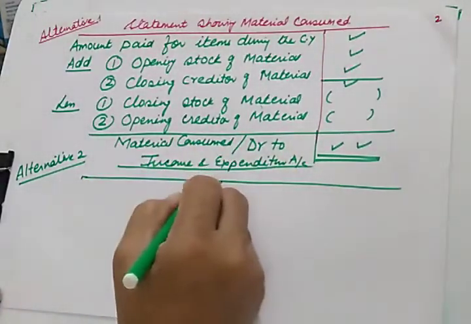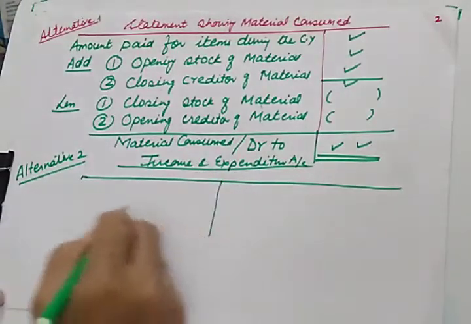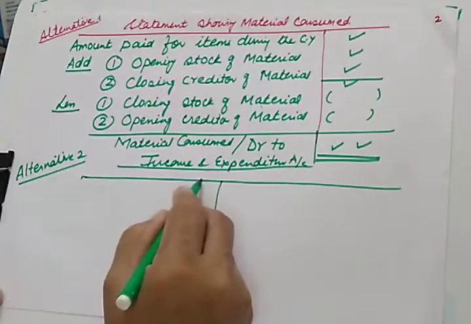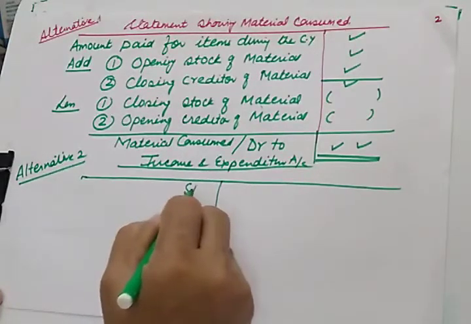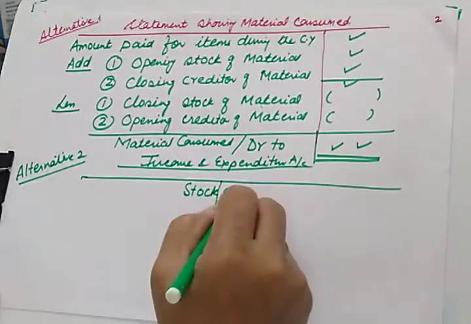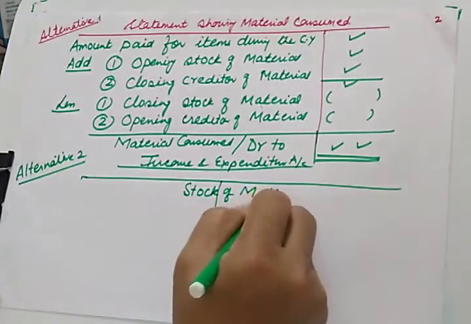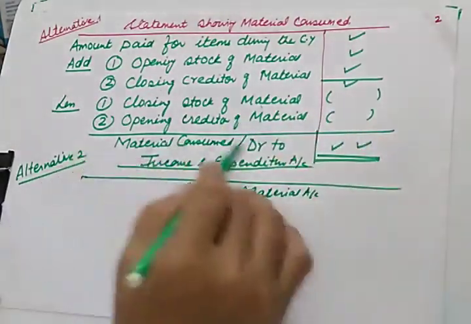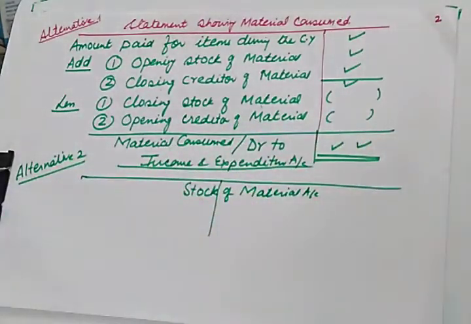So here we'll be making, first of all, I think I should make it at a different place, otherwise you can get confused with this. So this is my stock of material account. I am keeping a gap here so that you will be able to differentiate between these two methods.